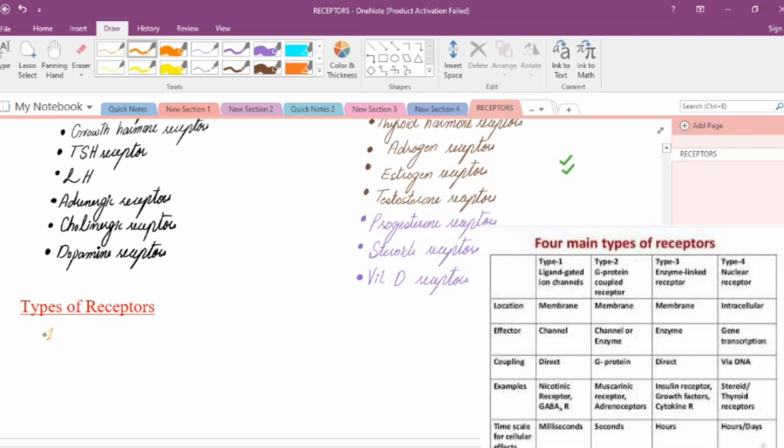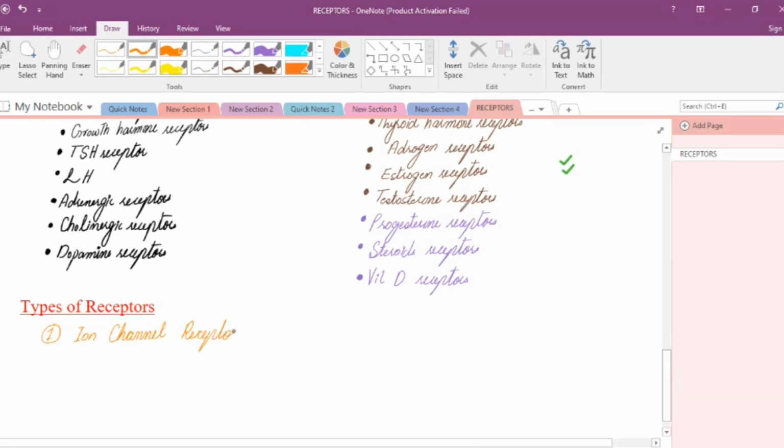The first family is ion channel receptors. The second one is G protein, very important, G protein coupled receptor. So this is the second family.